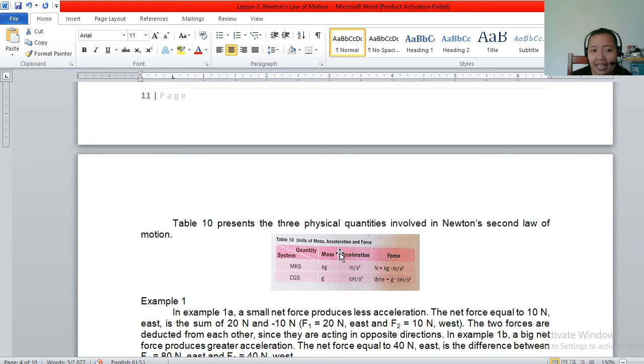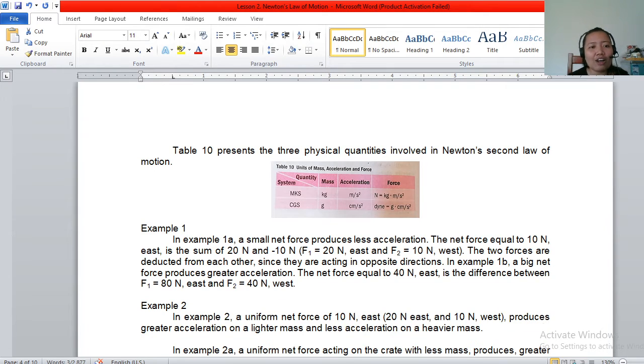On the other hand, if we have mass in gram and the acceleration is in centimeter per second squared, gram times centimeter per second squared is equivalent to dyne. So these are our units for the three physical quantities involved in Newton's second law of motion.